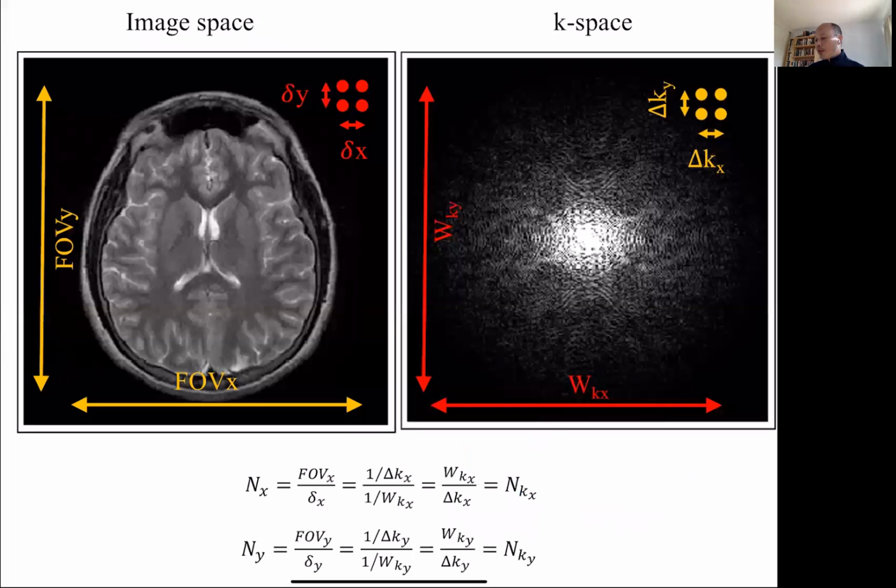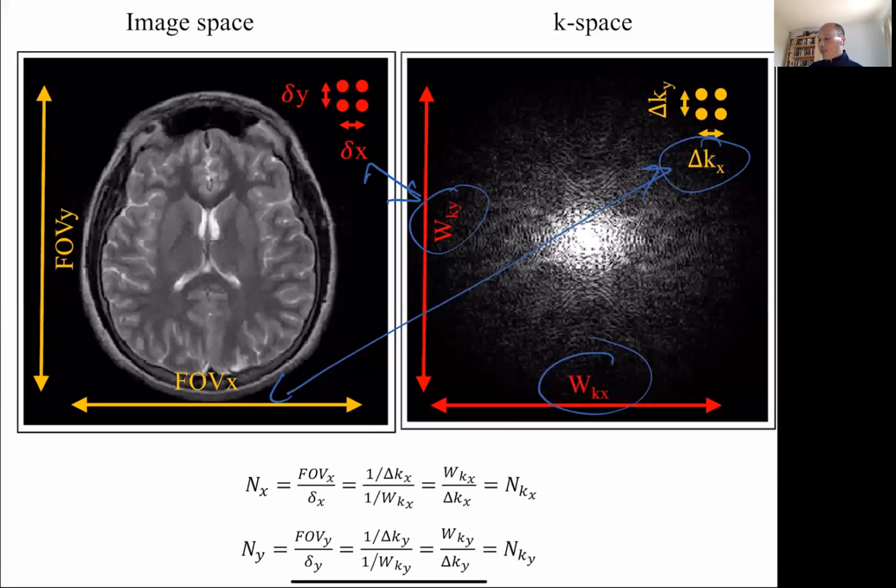Okay, so to sum up, as we said before, the delta kx's and delta ky's are determined by the FOV, and then the widths are determined by the resolution. One thing we can look at as a sanity check is how many samples am I acquiring in k-space, and how does that compare to how many voxels I have in image space?